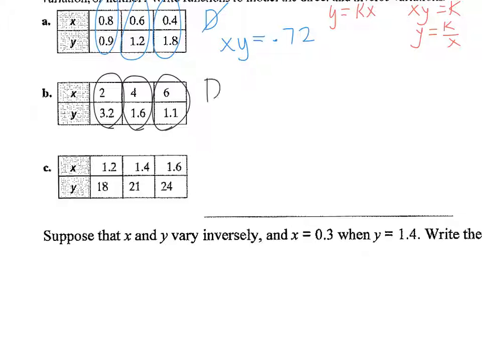So it's not direct. And if I multiply these two, do I get the same? So this is 6.4, this is 6.4, but this is 6.6, so it's not inverse either. So it's neither direct nor inverse, so it's going to be neither.